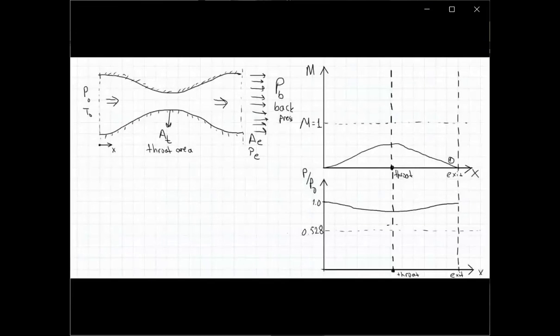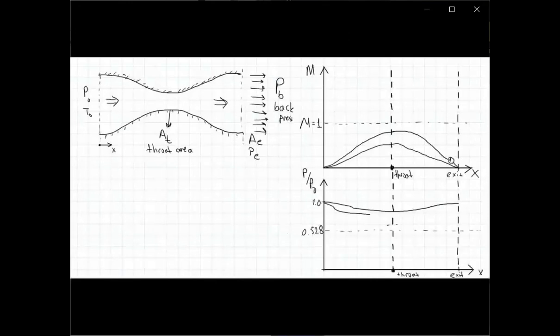So let's say in the second scenario, we decreased the exit pressure even further. So this will result in an even more accelerated flow. We will reach higher Mach numbers at the minimum area location, and then we will have a deceleration towards the exit. So in the static pressure variation, let me try to draw it better.